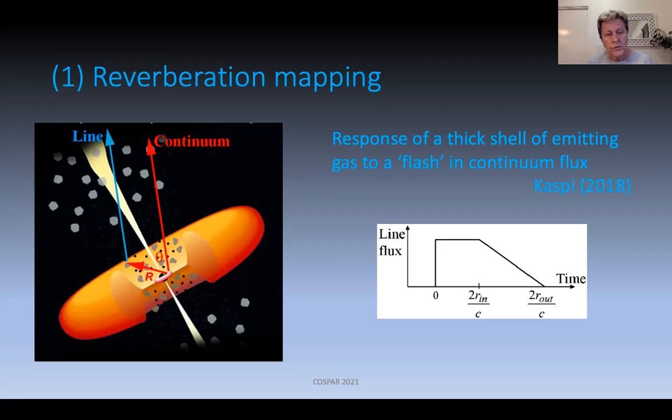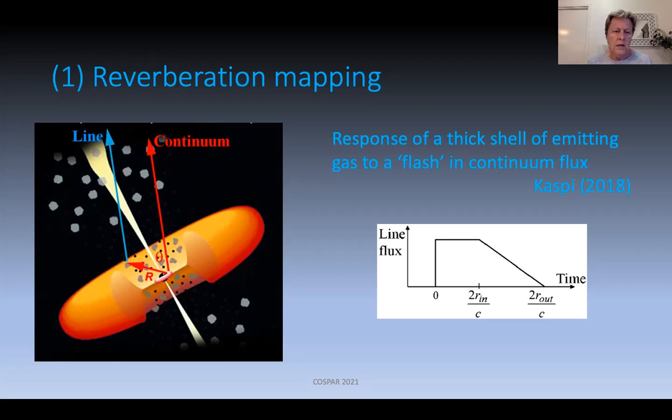The source of that variation is not important for this technique. And then the change in flux is transmitted and impacts on the clouds in the broad emission line region, which respond to that change in flux with a change in line emission.